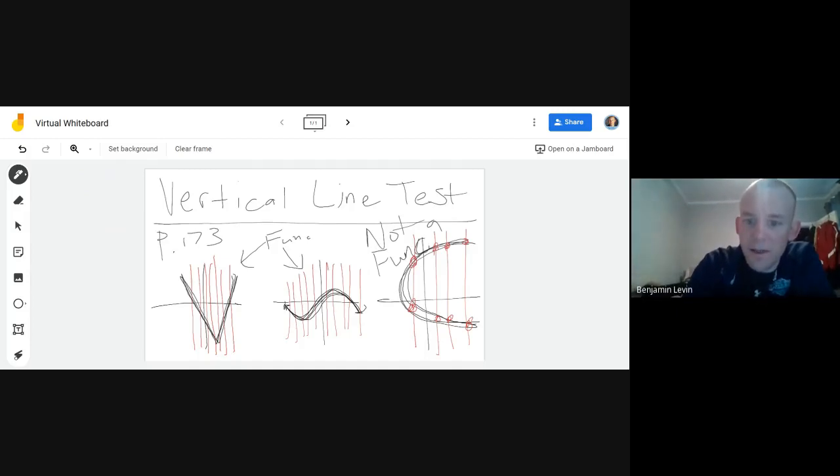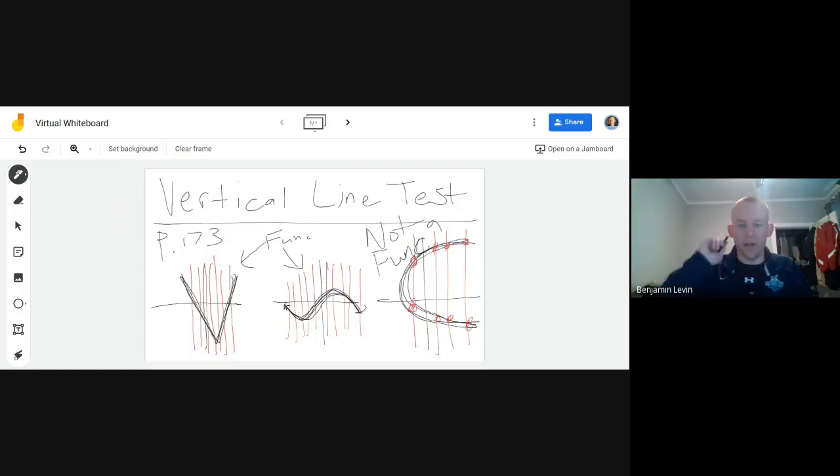Does everybody kind of get what I'm getting at here with the vertical line test? If you see a graph and they ask you, is this graph a function? You can use the vertical line test to determine whether or not it is a function. And the reason the vertical line test works is, if we think back to our original definition, a function cannot have more than one output for the same input, right?